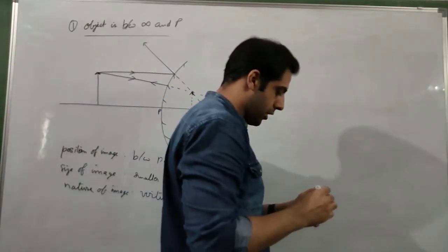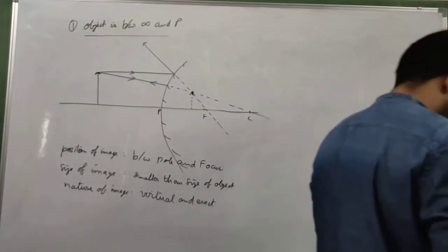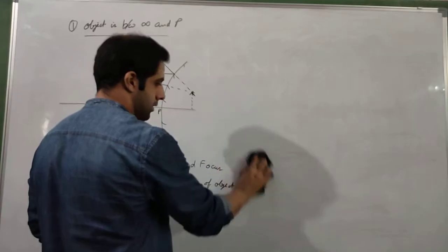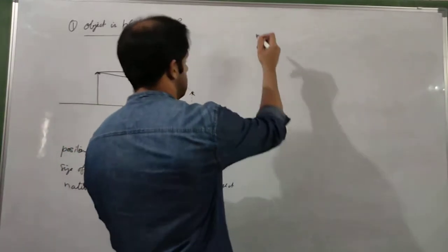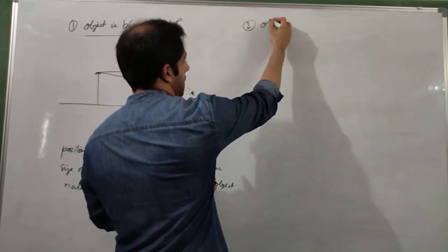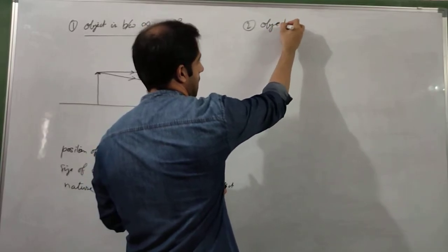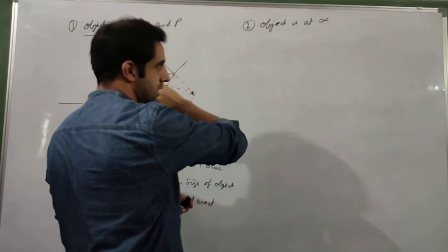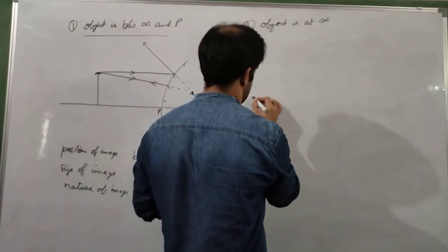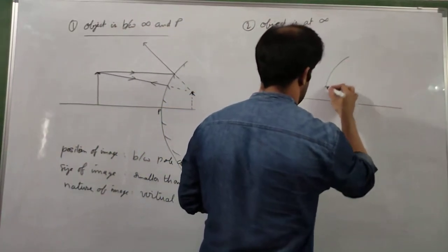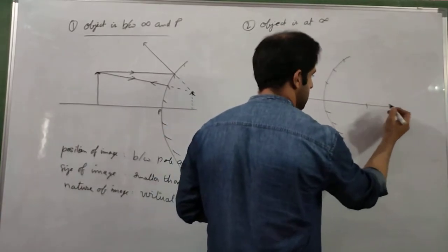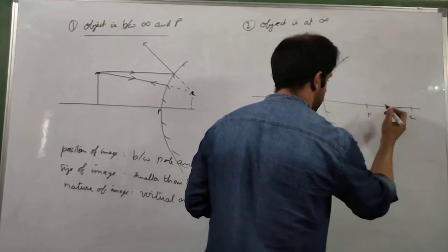And similarly, we are going to draw the second case. I'll make some space this side. Second case: the object is at infinity. The object is somewhere very far away from the convex mirror. Let this be focus, center of curvature.